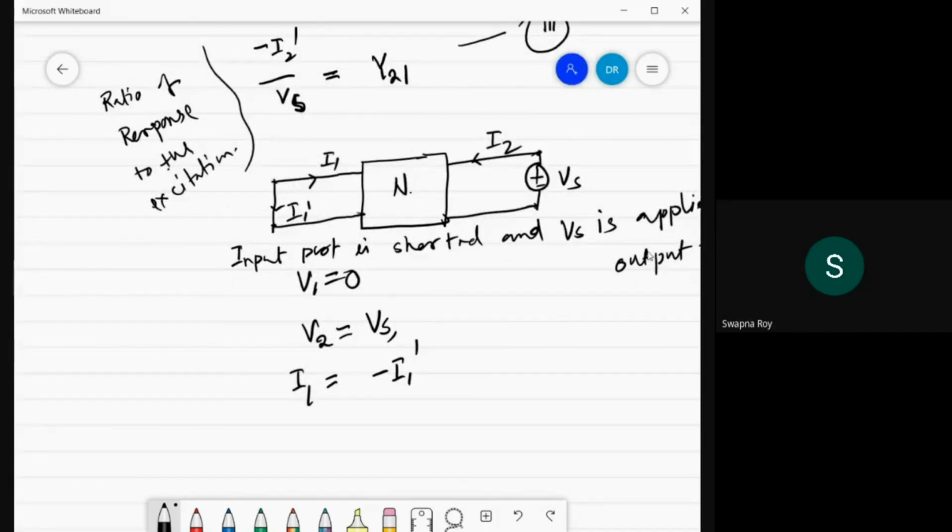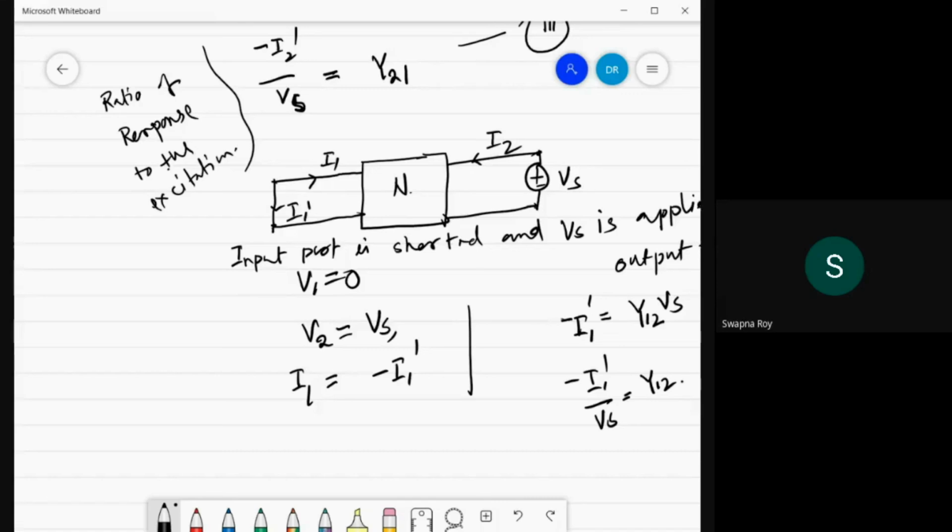So minus I1 dash is equal to y12 Vs. So minus I1 dash by Vs, again this one is the response and this one is the excitation, is equal to y12.